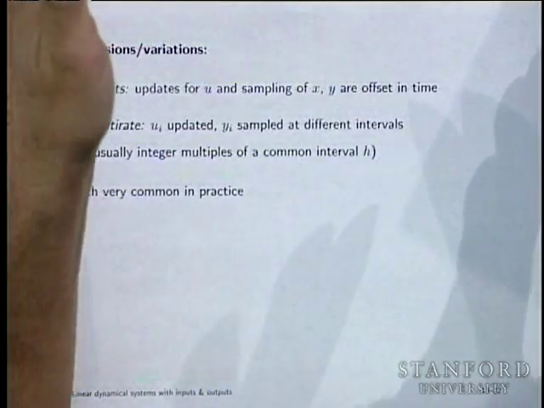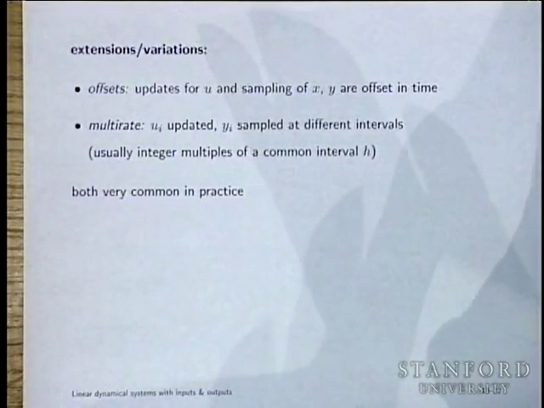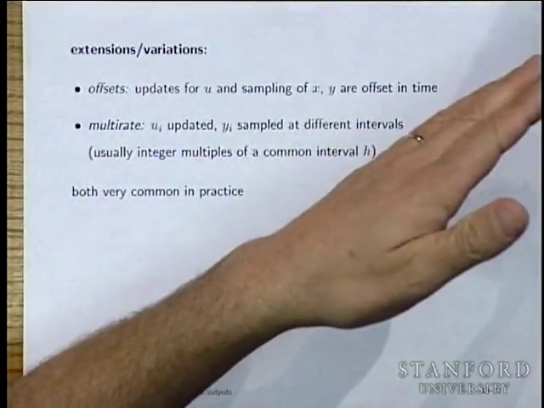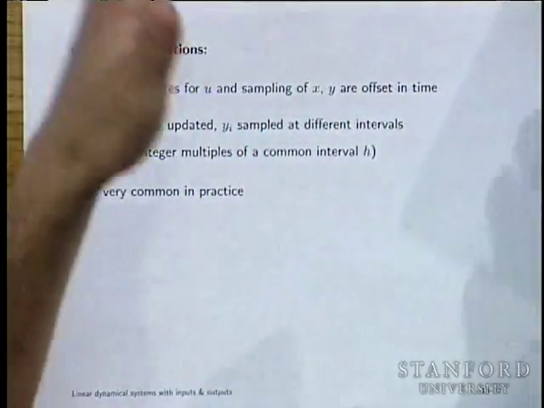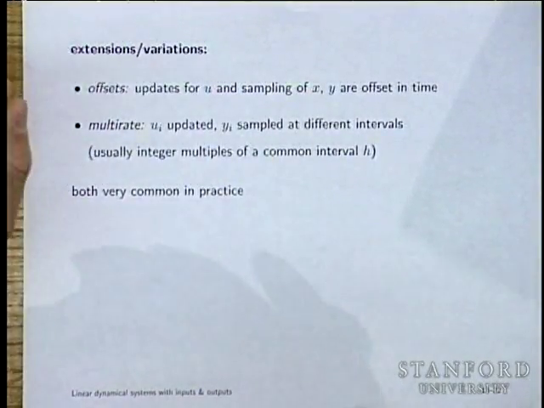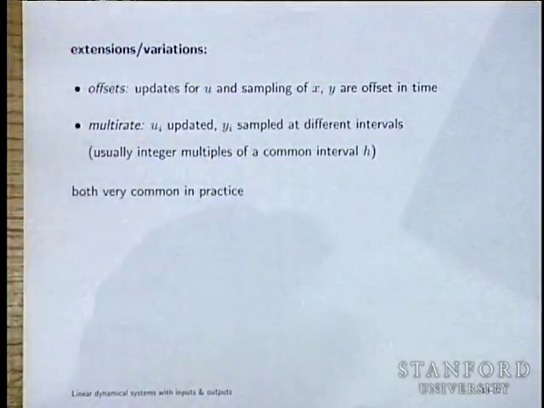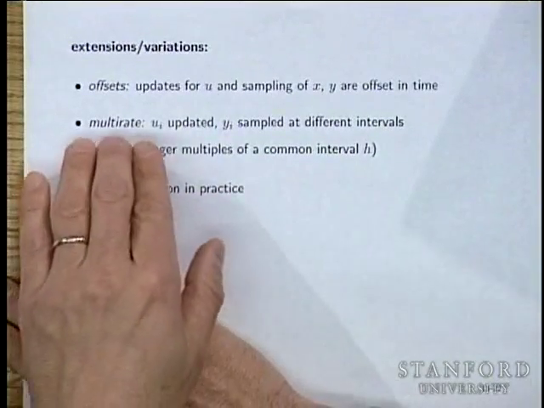And then they would say, the whole thing operates at 50 hertz, but the state sample and the update are offset by 8 milliseconds or something insane like this. And it's not hard. You just plug in the right e to the 8 milliseconds A in the right places, and you could work out what happens and all that sort of stuff. It's not fun, but it can be done.